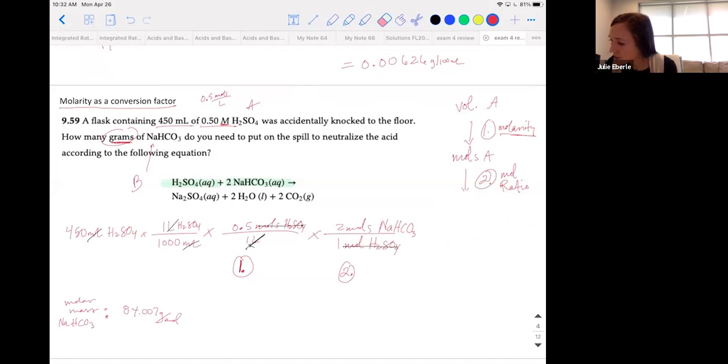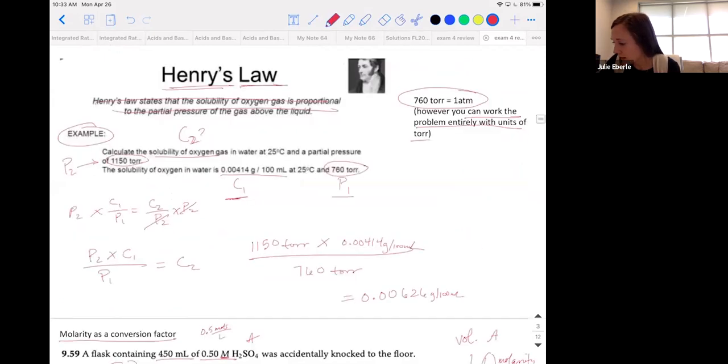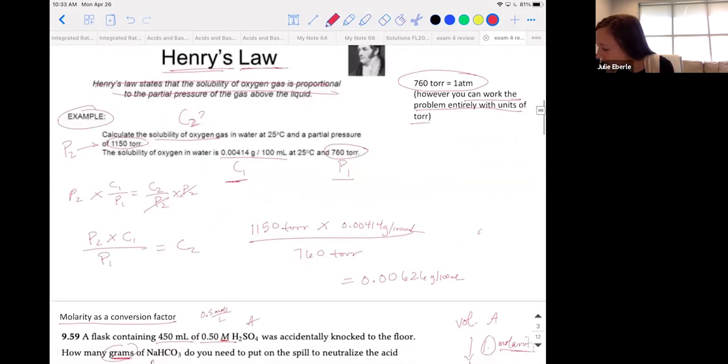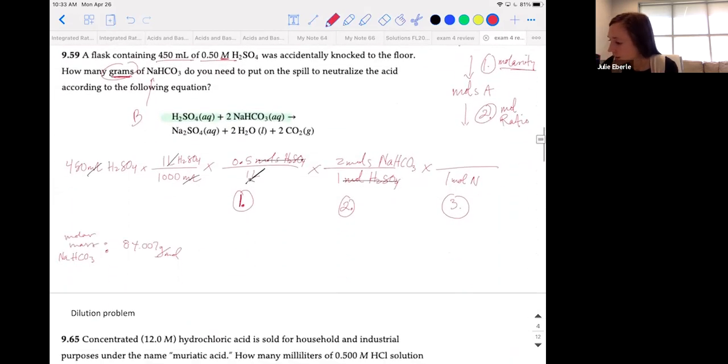I'm plugging in the molar mass here. This is step 3. I want moles to cancel because my question is how many grams. So for every 1 mole of NaHCO3, it's 84.007 grams. And then we see moles sodium bicarbonate cancel. So everything cancels except for grams of sodium bicarbonate.